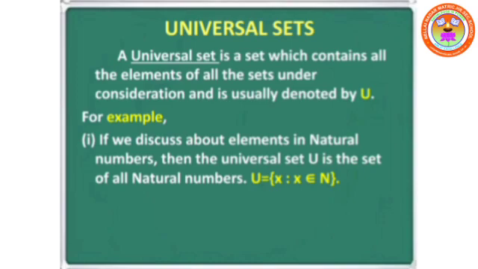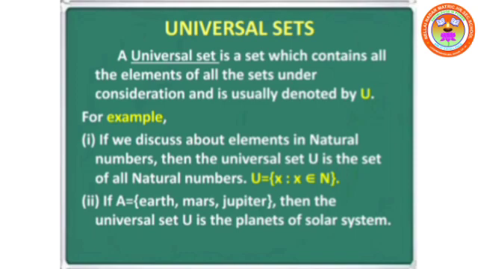Consider set A is the set of all odd numbers and B equal to the set of all even numbers. Like that, you may consider the universal set as the set of natural numbers. Next one, if A equal to the set Earth, Mars, Jupiter, then the universal set U is the planets of the solar system. Universal set means the set of all elements under some consideration.